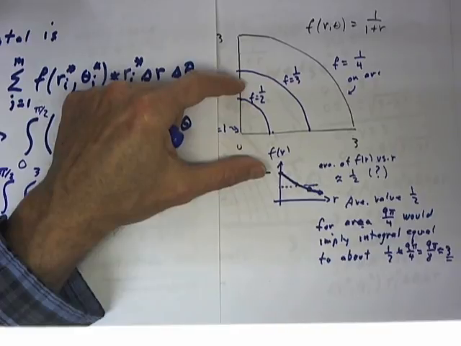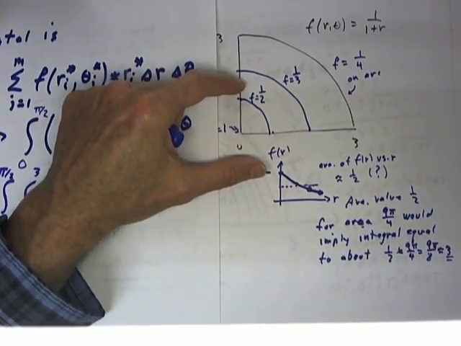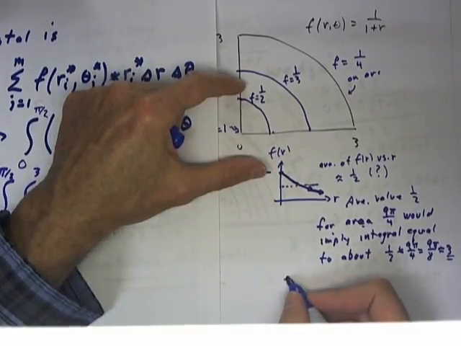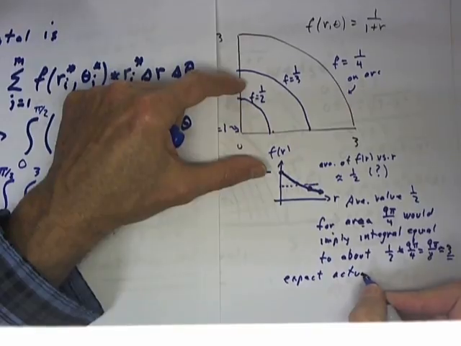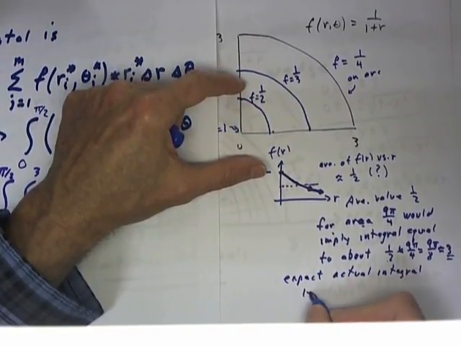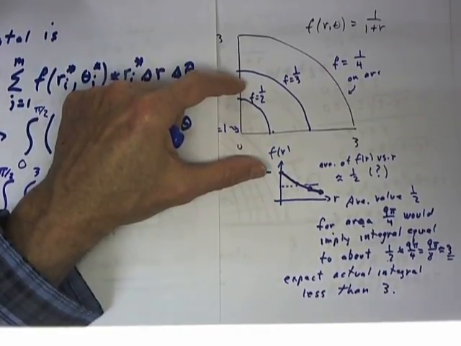So we would expect maybe the actual integral to be somewhere between 2 and 3. So we'd probably expect an actual integral less than 3.